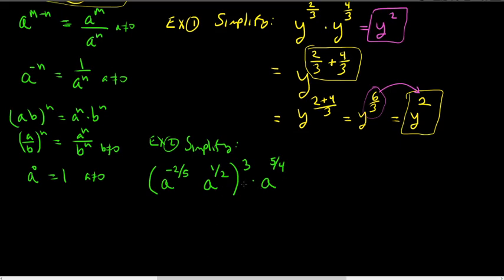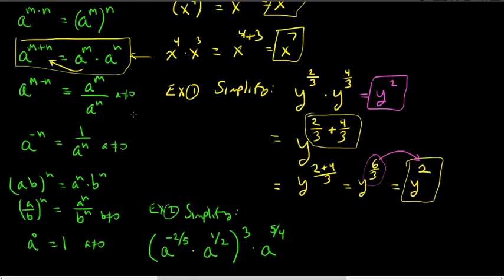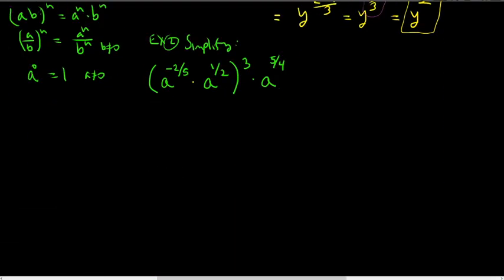This is probably as hard as it's going to get. So let's just go step by step. Notice inside here we're multiplying. So when you're multiplying, you just add the exponents. So this is going to be, in parentheses, a to the power negative 2/5 plus 1/2. And we'll take care of this other stuff later.